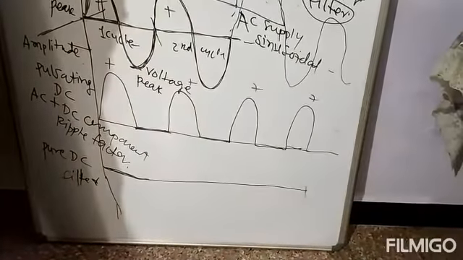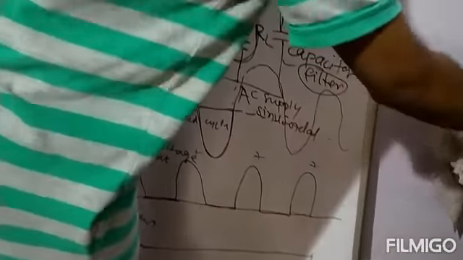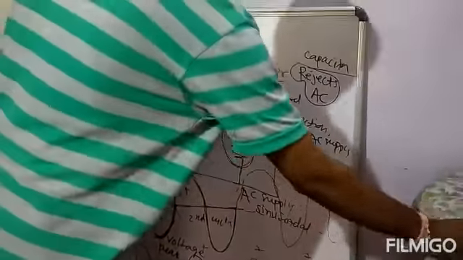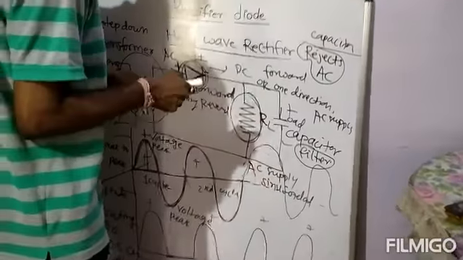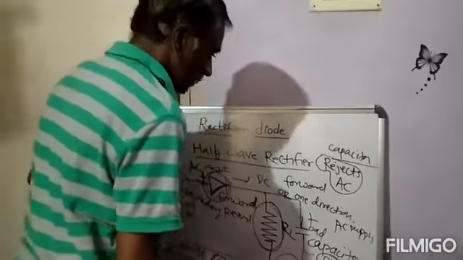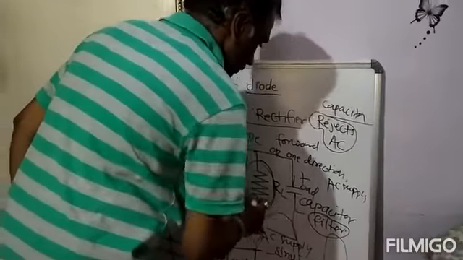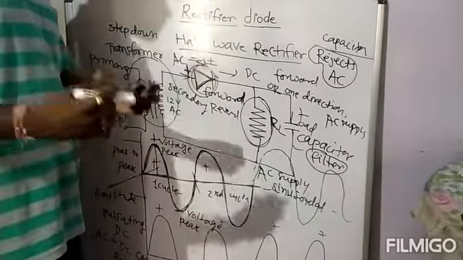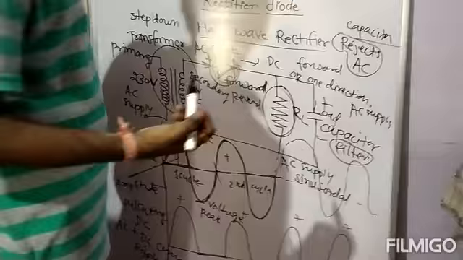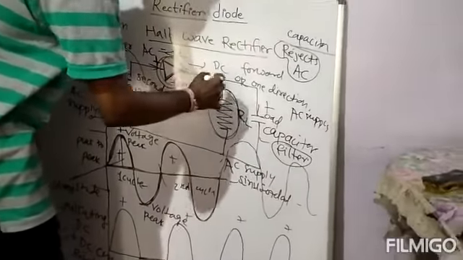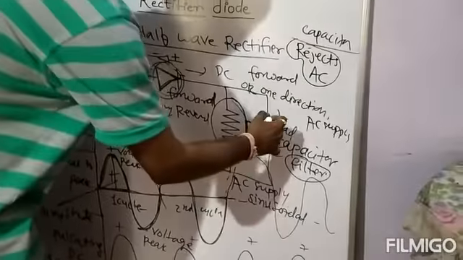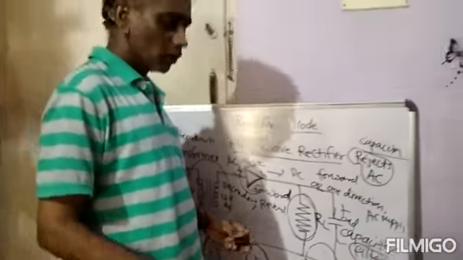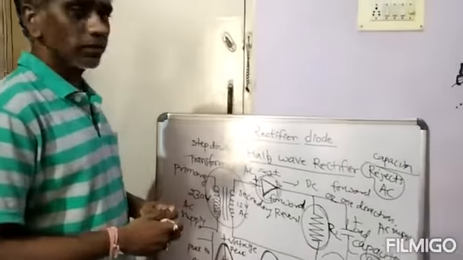So here our main problem is solved, because the capacitor is a component which acts as a filter, stores the DC supply and rejects the AC supply. Our motto is to get a pure DC supply. So now this supply can be used by different equipments or loads.